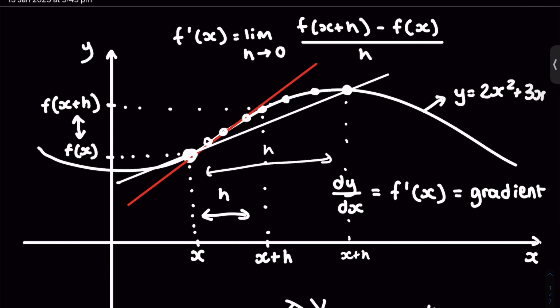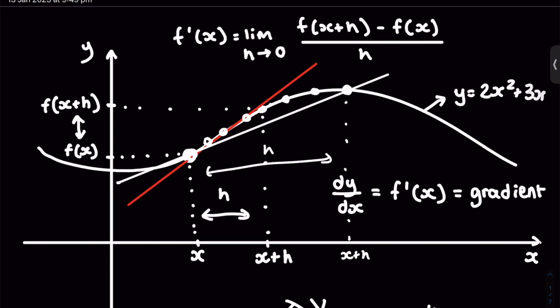But as h tends to 0, we're basically saying that we are making this gap so infinitesimally small that it practically might as well be 0, but it is not 0. I know that sounds a bit confusing, but this is the logic behind it.